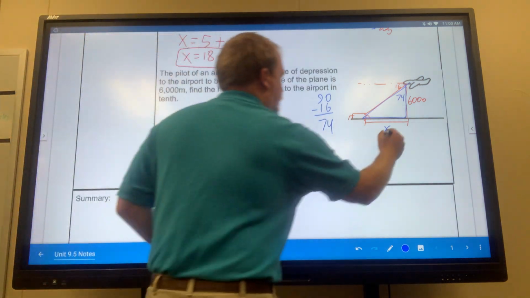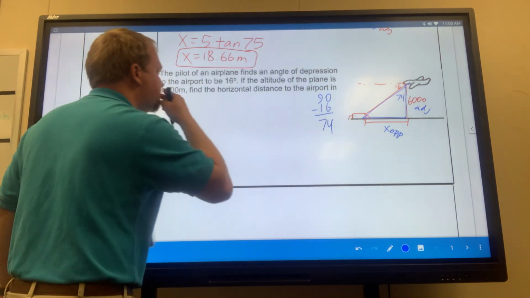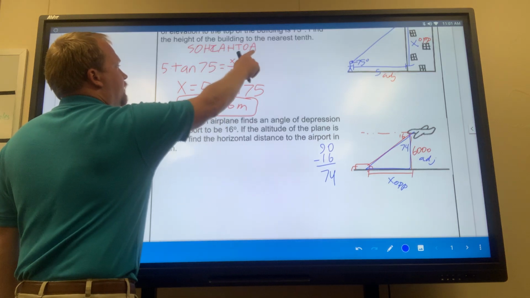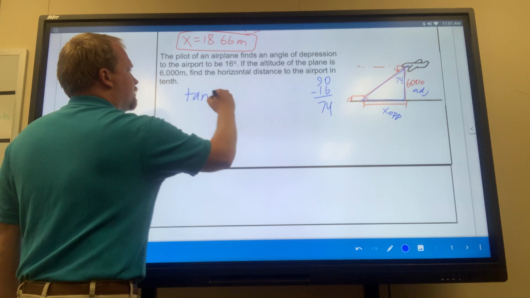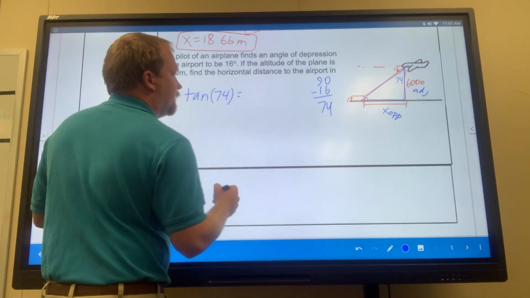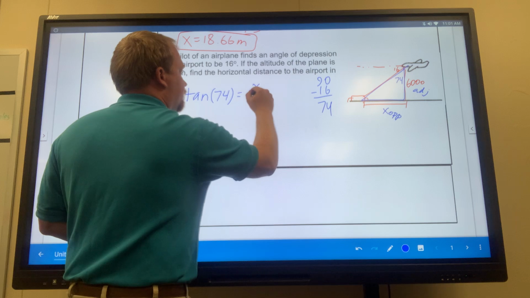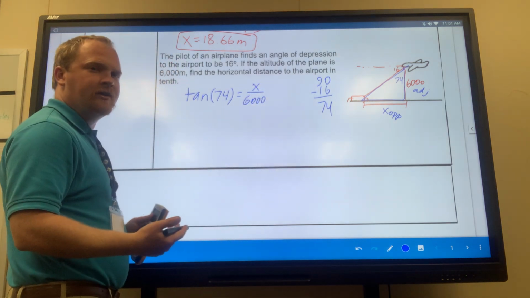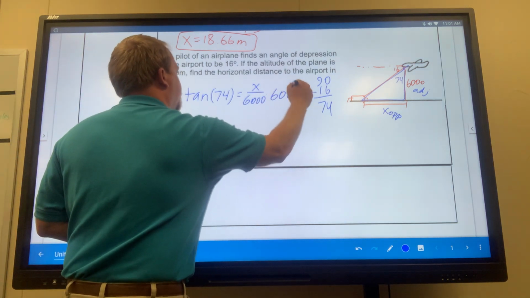Now, I have opposite over the adjacent. So remember SOHCAHTOA? Opposite adjacent gives me tangent. So tangent of 74 will give me opposite over adjacent. Of course, if I'm dividing x by a number, I gotta multiply the number to both sides.